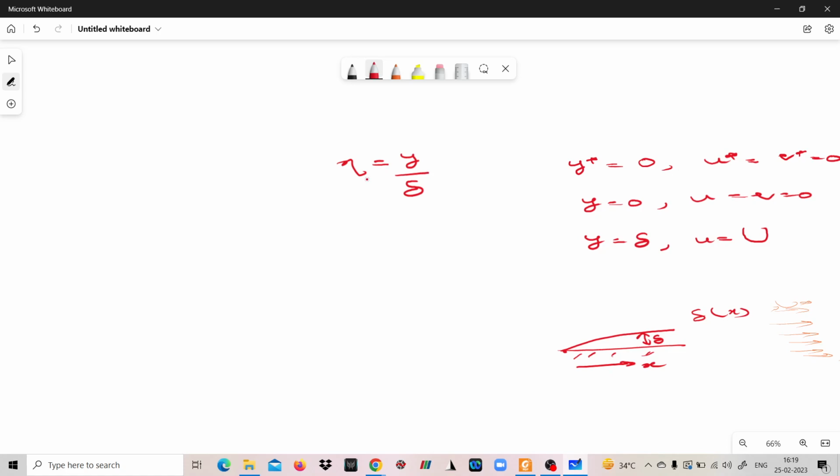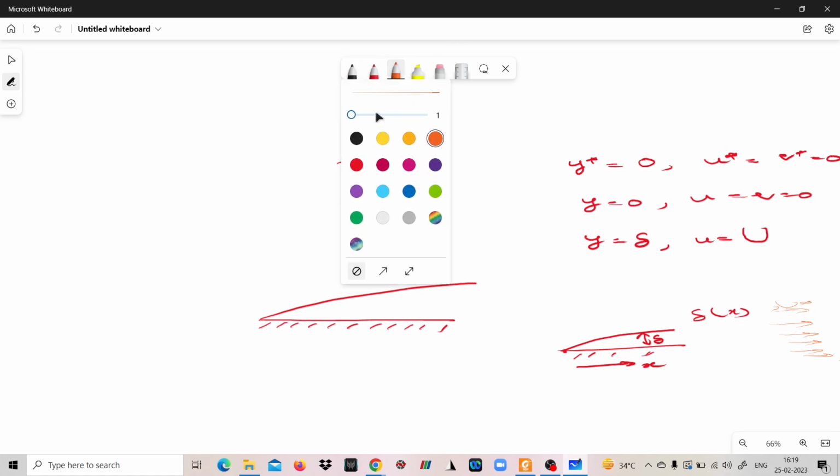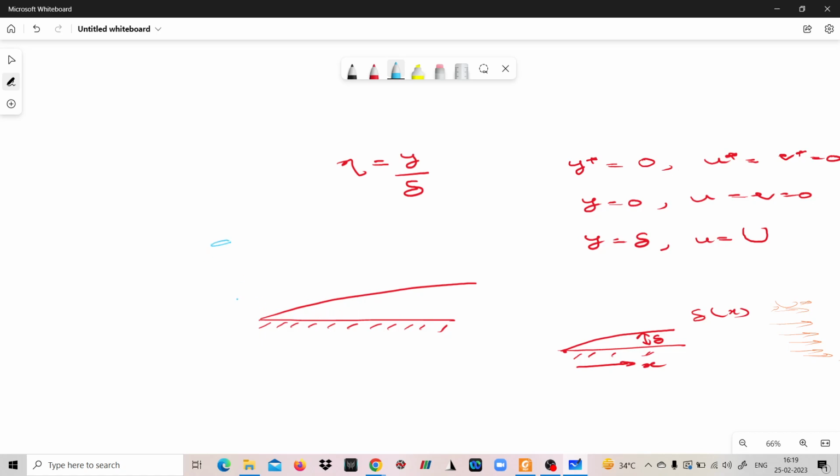One more condition is, if you consider the flow over a flat plate and say this is the boundary layer, where do you think inside this boundary layer the shear stress tau is maximum?